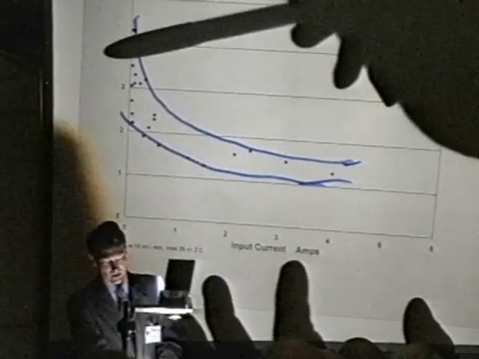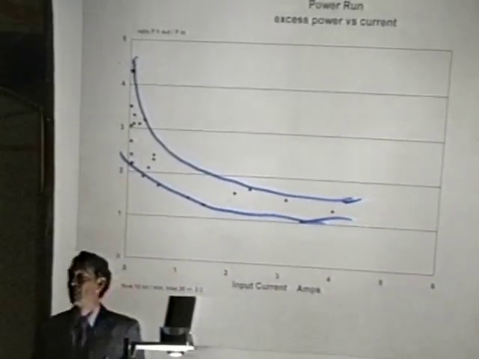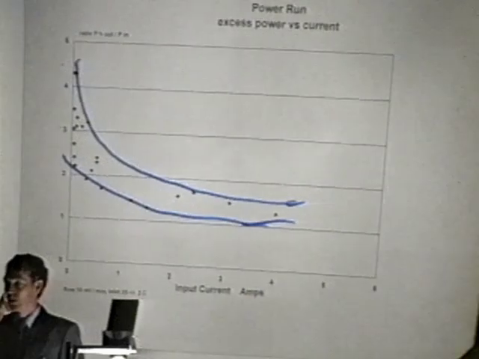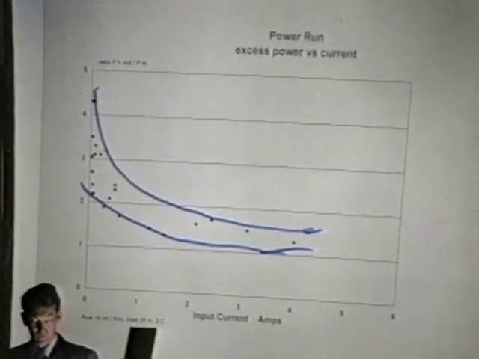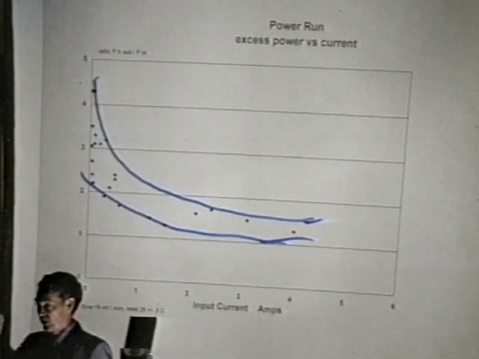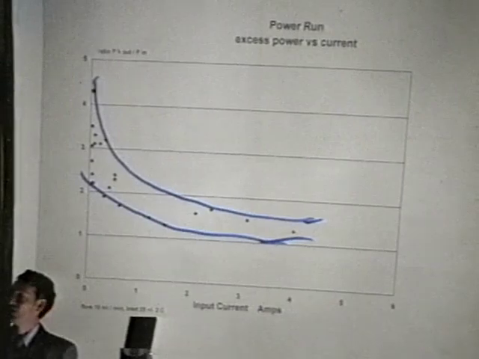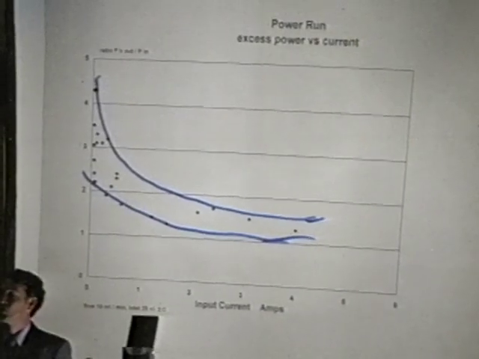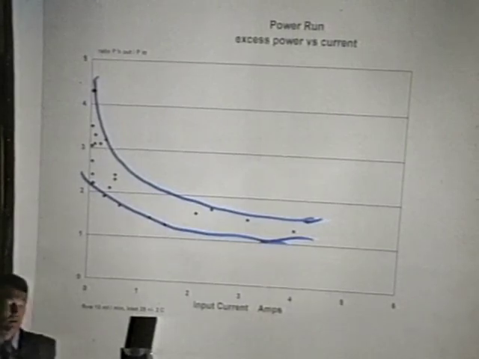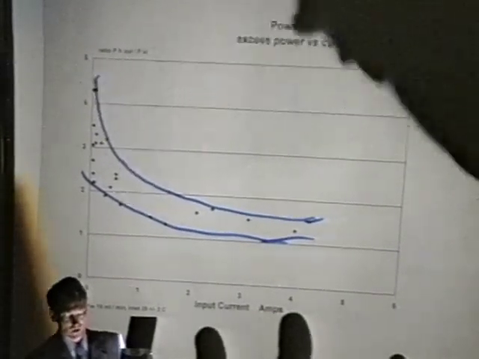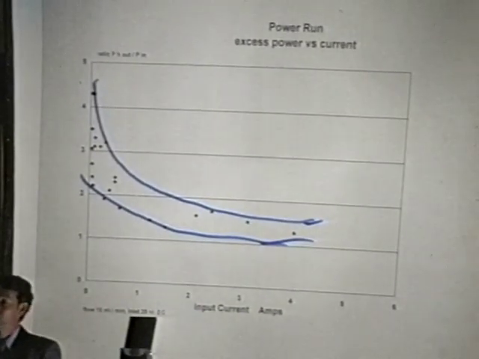But there does seem to be a higher trend down at the low current, and that's similar to what I think was done in Maui by Srinivasan, that there is a constant excess power that seemed to be related to the surface area on a nickel light water cell, so that you would expect more in this ratio than you would at higher current levels.